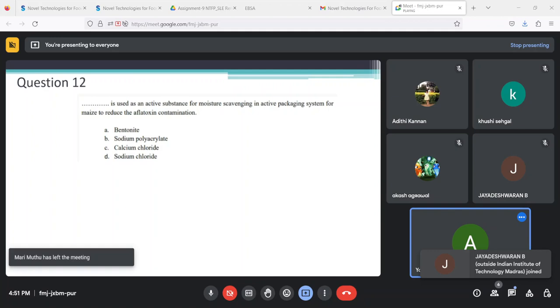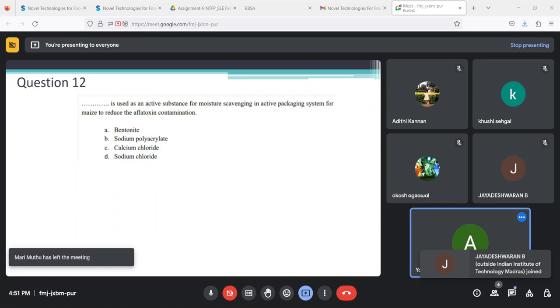So before we proceed, what is an aflatoxin? So aflatoxins are toxins that are produced by fungi, generally Aspergillus and so on.